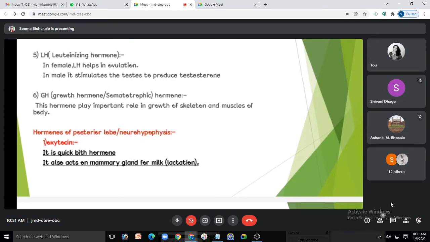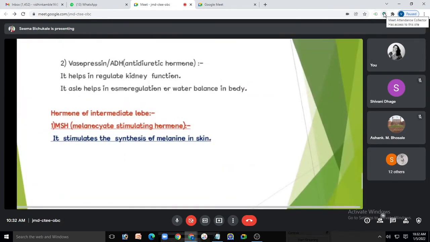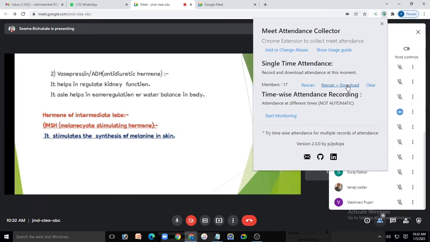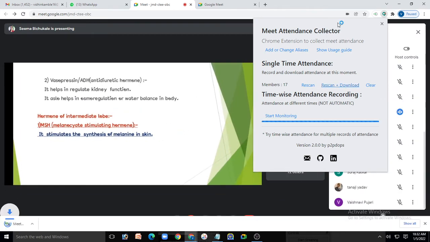Vasopressin or ADH is also known as antidiuretic hormone. ADH helps regulate kidney functions and also helps in osmoregulation or water balance in the body.